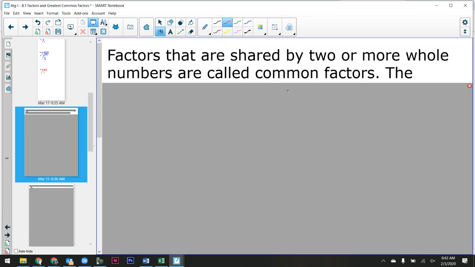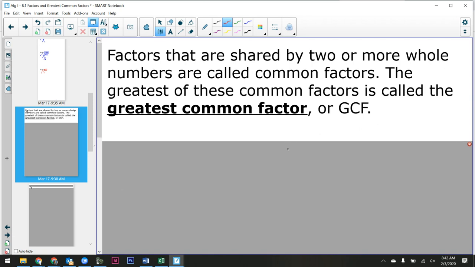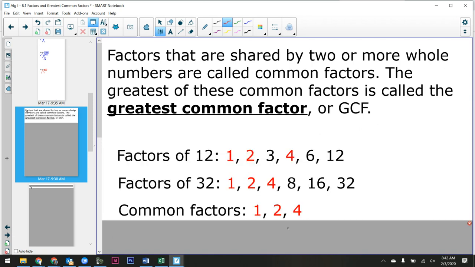All right. Now, factors that are shared by 2 or more numbers are called common factors. You guys remember finding the GCF? That is called the greatest common factor. GCF stands for greatest common factor. The greatest of these common factors is called the GCF.